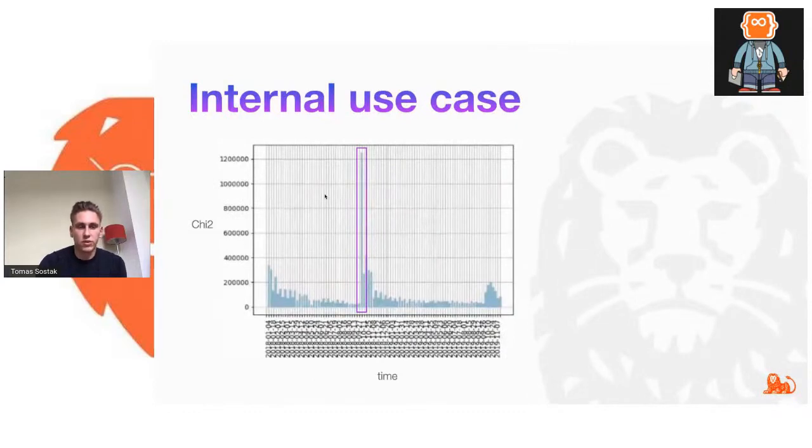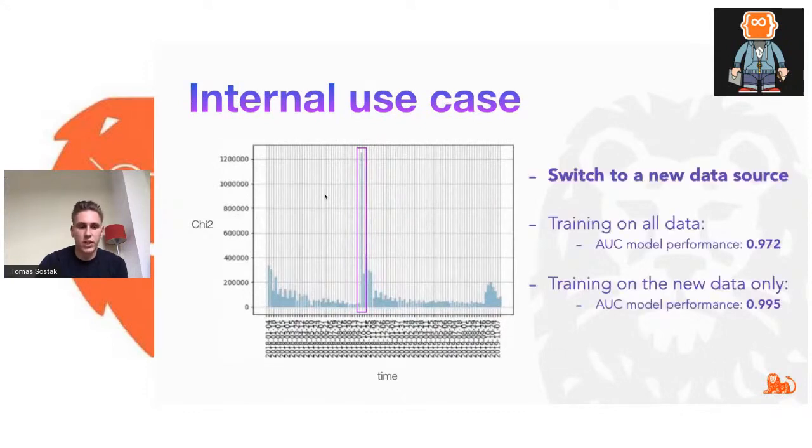So we went to a data owner and asked what happened with the data. Apparently, after doing some investigation, we were told that the data source had been switched to a new data source. When doing some tests, we noticed that training our model on all data has a lower performance than training only on the new incoming data, the data from that point.